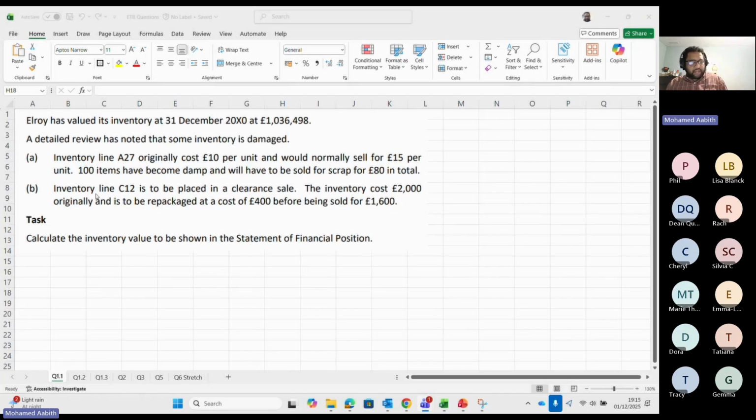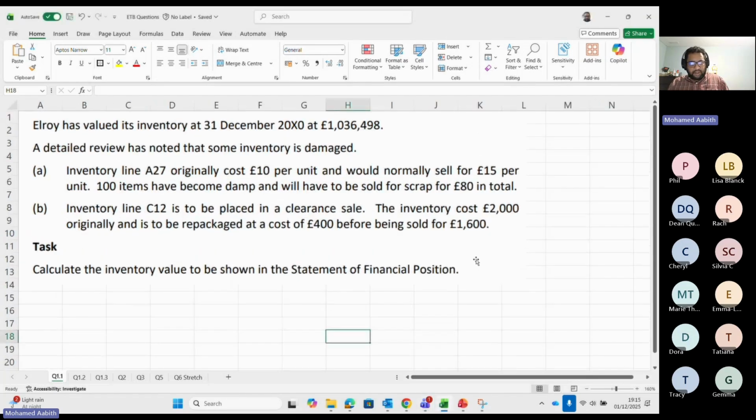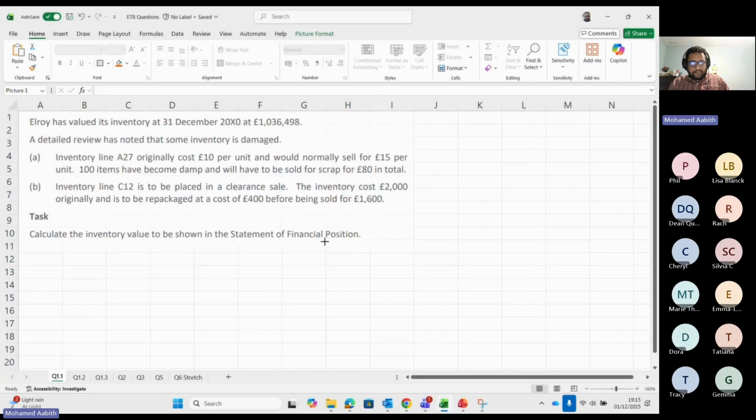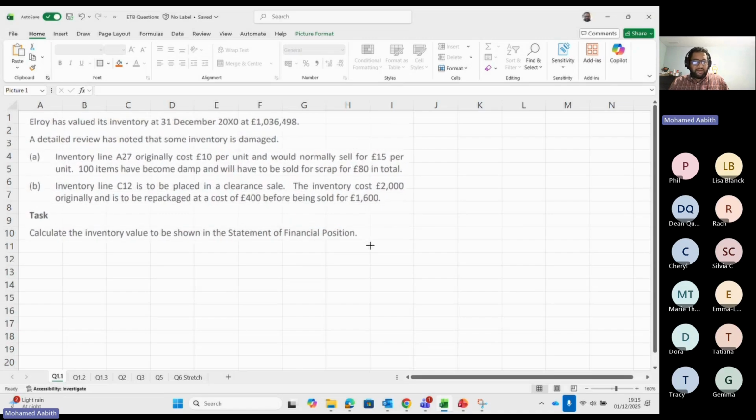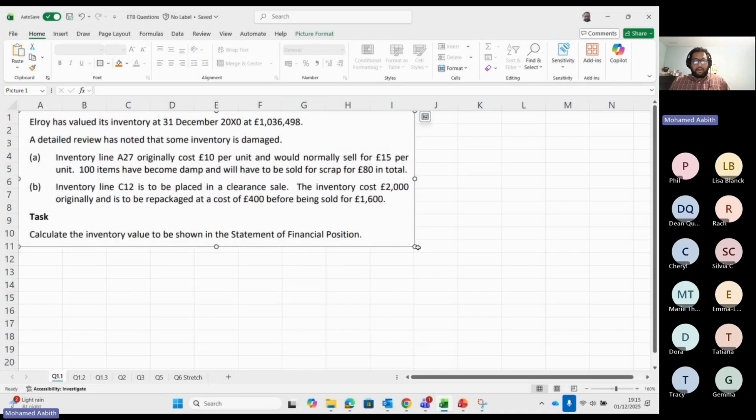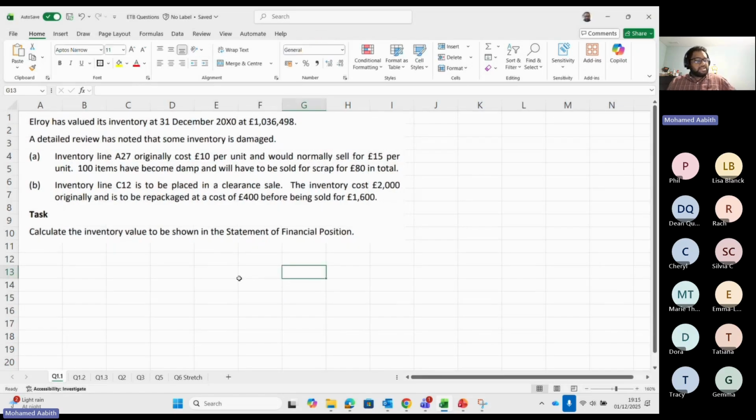The next one is inventory line C12, which is to be placed in clearance. Inventory cost £2,000 originally and is to be repackaged at the cost of £400 before being sold for £1,600.